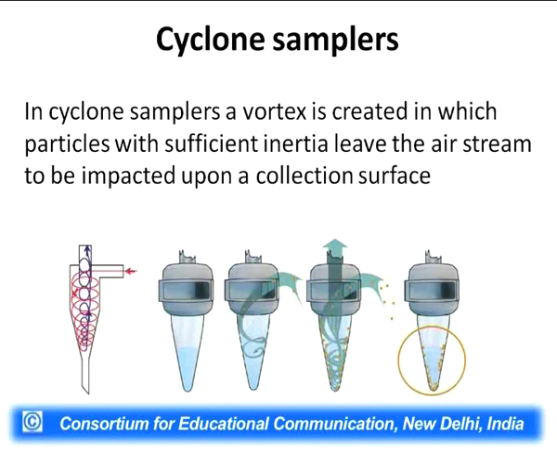In this vortex, particles with sufficient inertia leave the air stream to be impacted upon a collection surface, and through this mechanism the liquid containing the bioaerosol, or aerosol particles of biogenic nature, is accumulated, and that liquid is taken out for further investigation or further information about the bioaerosols.